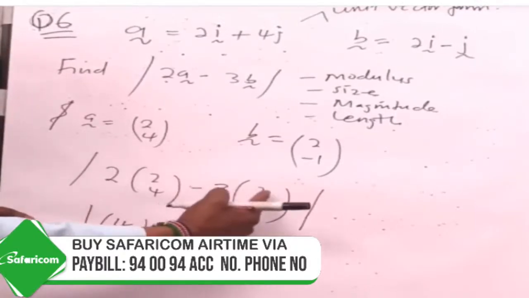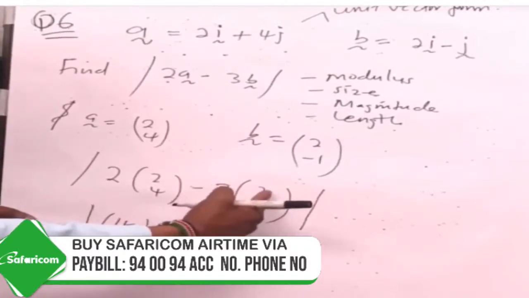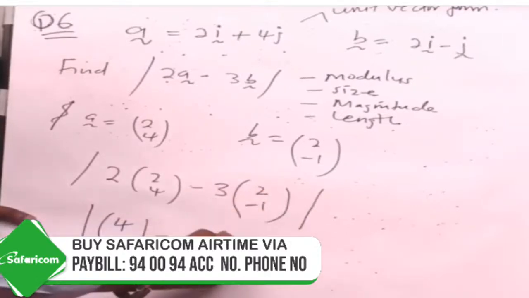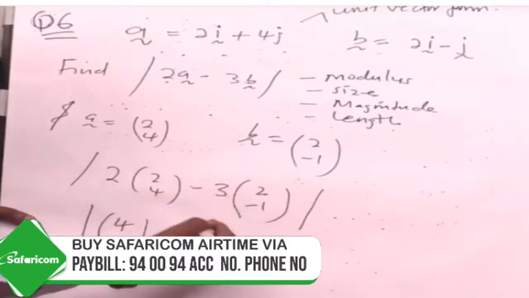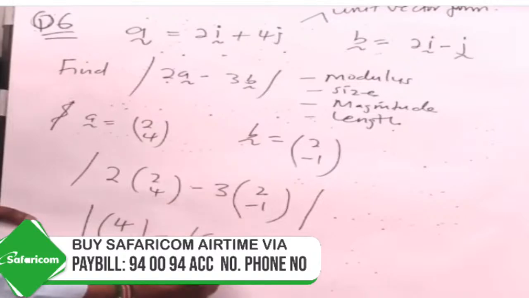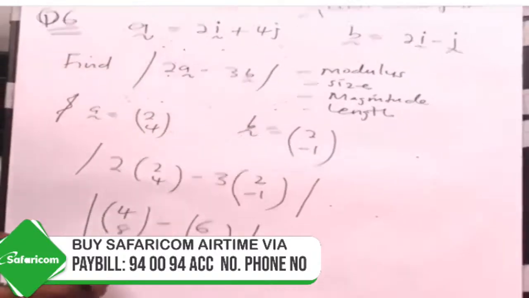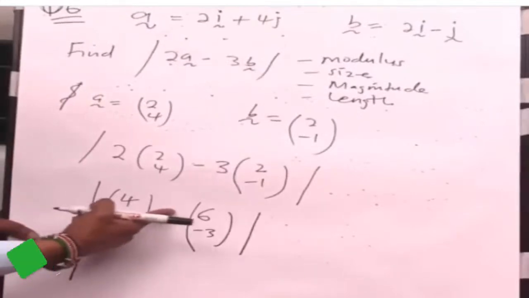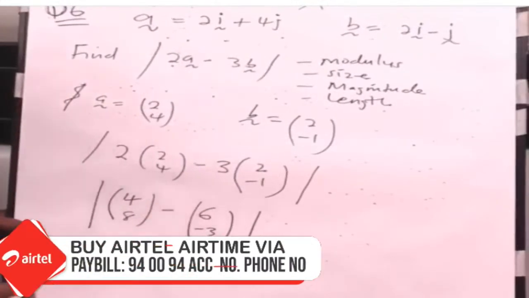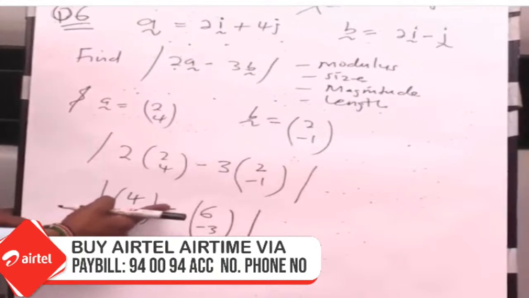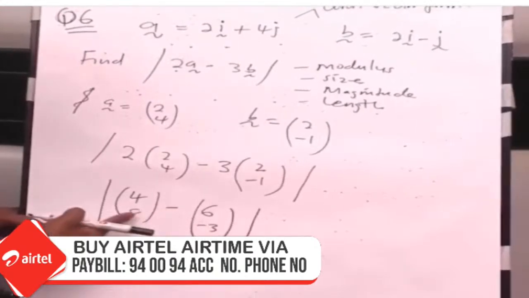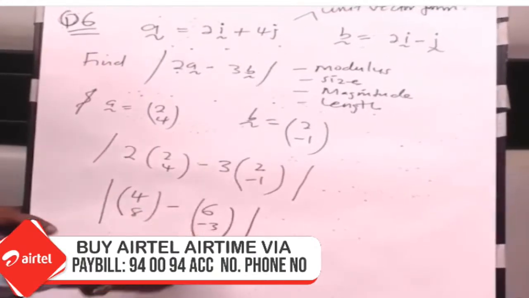Minus 3 times 2 is 6. Then 3 times minus 1 is minus 3. Then open it up. 4 minus 6 is minus 2. Then 8 minus 3 is the same as 8 plus 3, which is 11.